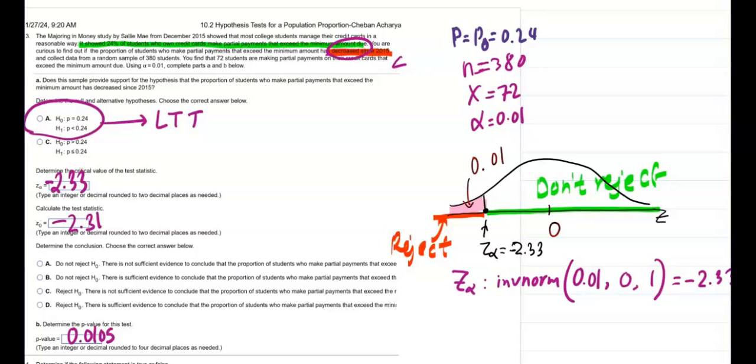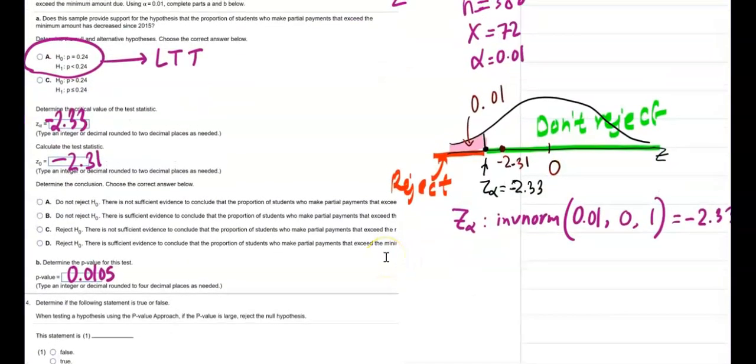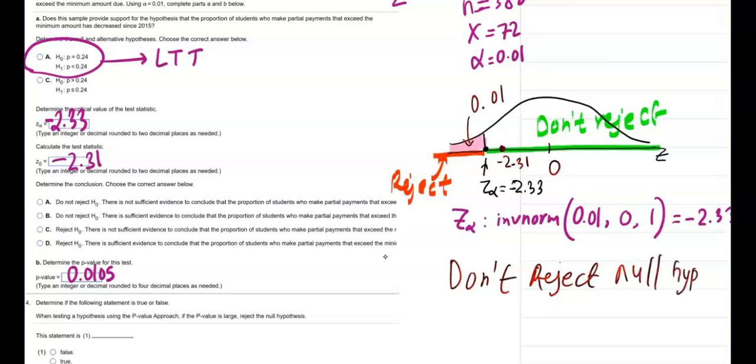Let me label it again. This is negative 2.31. Since the test statistic is in the do not reject region, you do not reject the null hypothesis. So here is do not reject the null hypothesis.